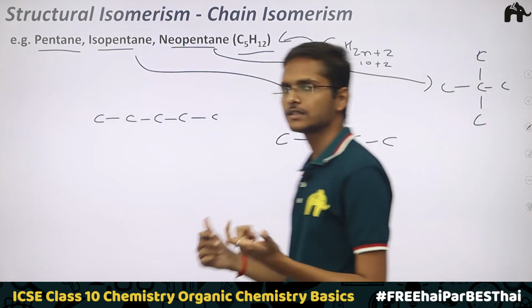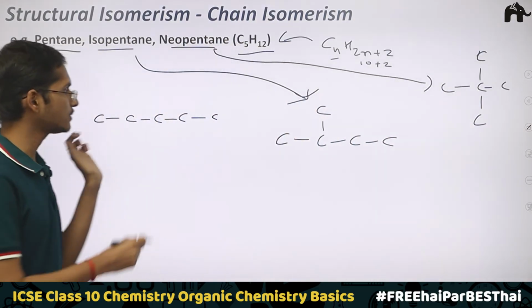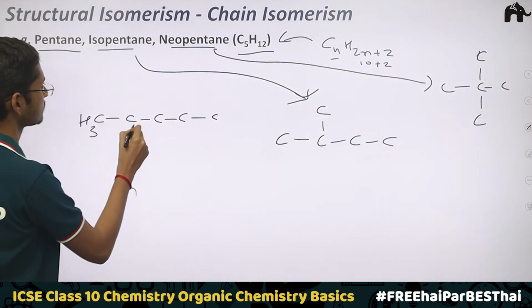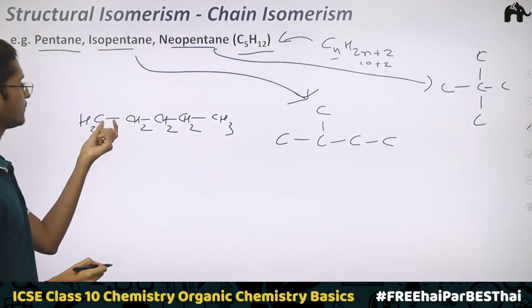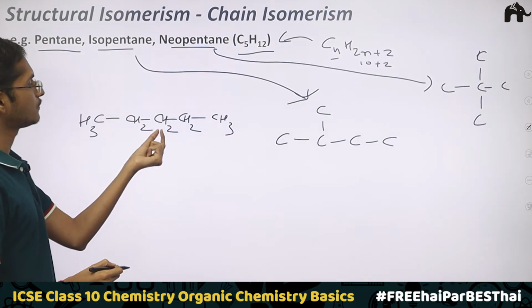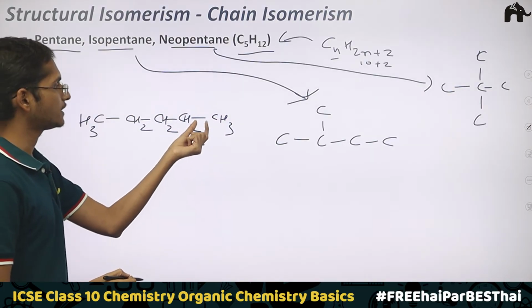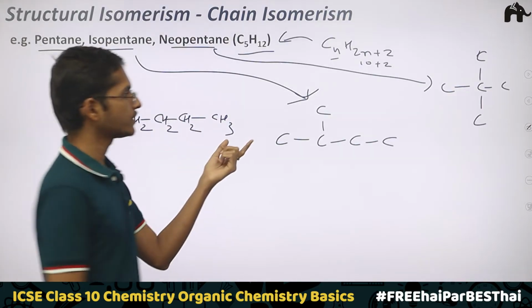Now what remains is simply satisfying the valencies of the carbon, and our job is done. It's a very simple task, you can do it on your own as well. CH3, then 4, 4, 4, and 3 plus 1 is 4.